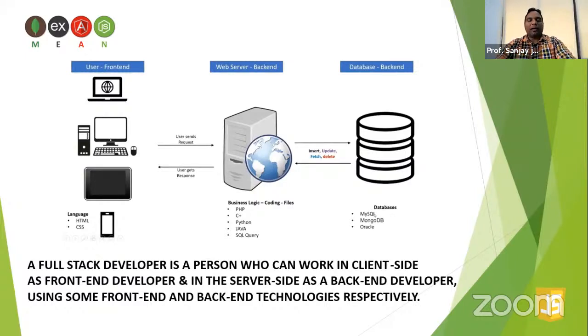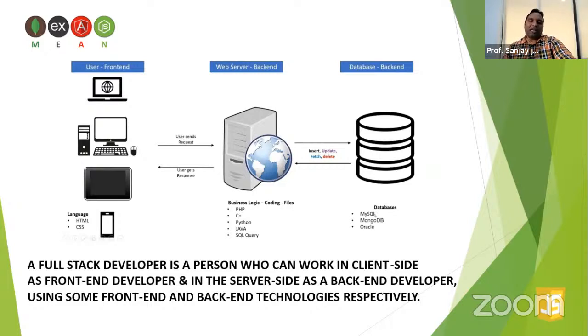But when we talk about mobile applications or desktop applications, the technology may change. Right now we are going to focus on web technology, because today everything is on the web, everything is on cloud servers. So to access everything on the cloud or on the server, we need web interfaces.